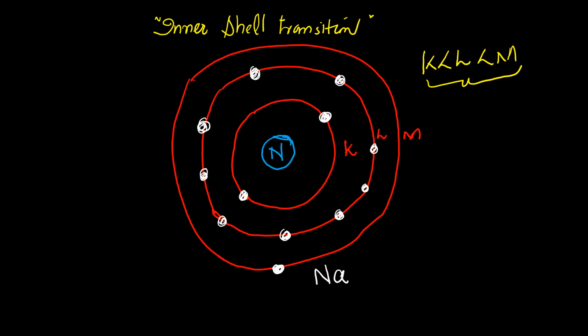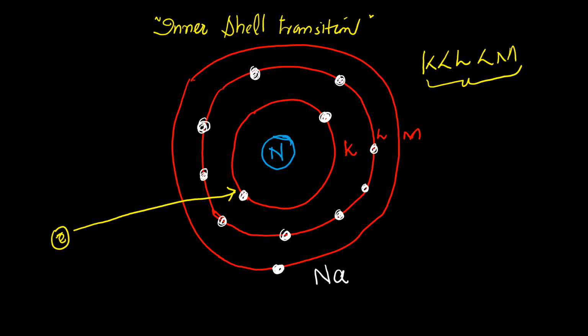So now, whenever a highly energetic electron is incident on an electron present in an inner energy level near an atom, and suppose that this is a highly energetic electron and it is incident on the electron present in an inner energy level.